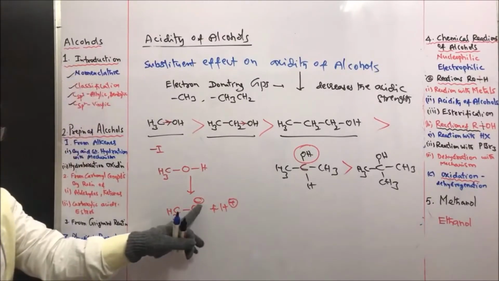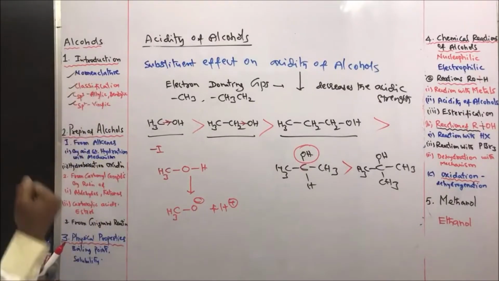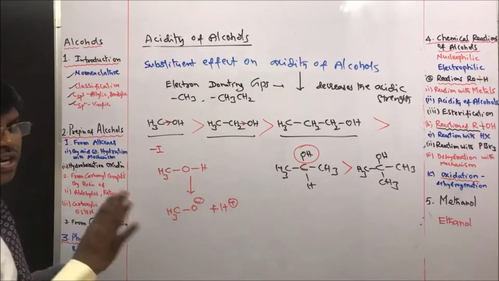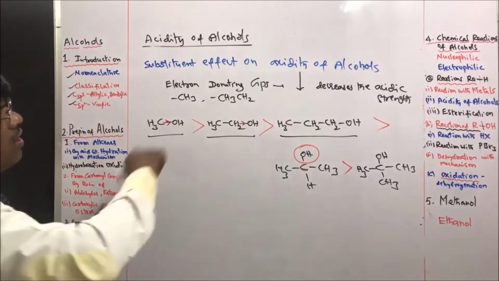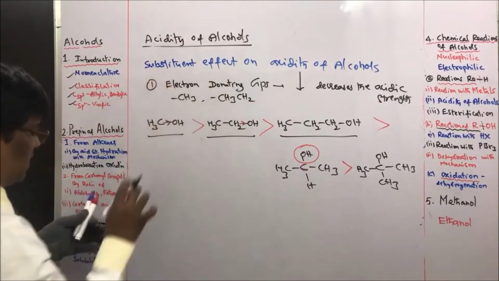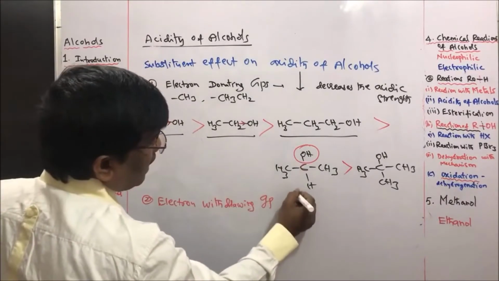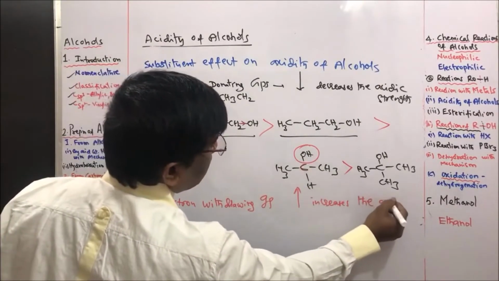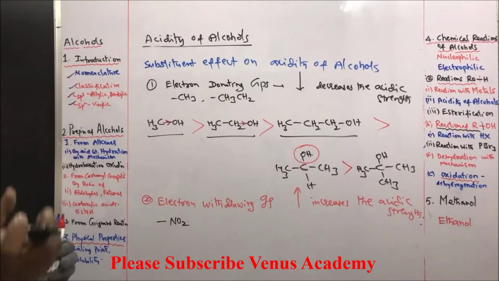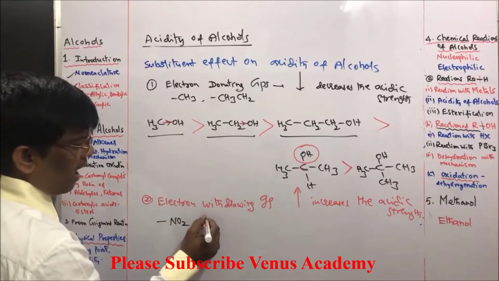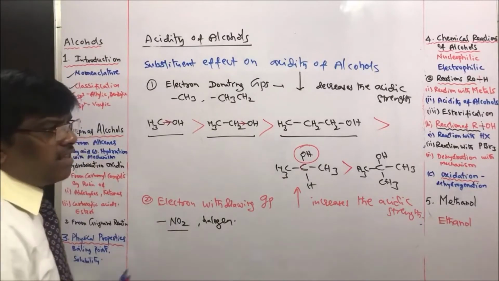So this negative charge, if it is attached to some electron withdrawing group, is going to be shared and it is going to be a strong acid. So electron donating groups decrease the acidic strength, whereas electron withdrawing groups increase the acidity. For example, the nitro group is an electron withdrawing group, as are halogen substituted compounds. So the nitro group increases the acidic strength.